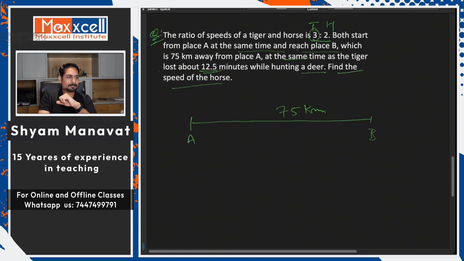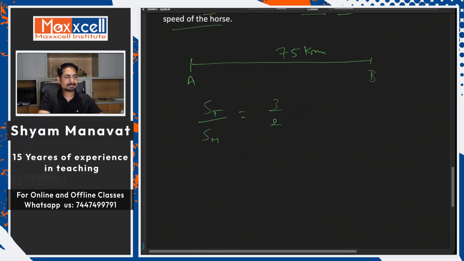Now tell me one thing. If the speed of tiger to speed of horse is in ratio 3:2, then the time taken by tiger and time taken by horse should be inverse. If the distance is the same, then time is inversely proportional to speed, remember? So it should be 2:3. That means the tiger takes less time and the horse takes more time.